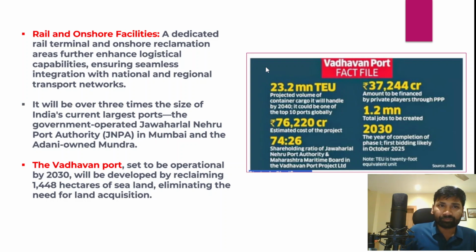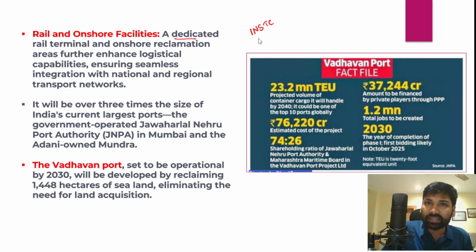And apart from that, it would also have a dedicated rail terminal. Now, one thing that you have to understand here is the International North-South Transport Corridor, right? This corridor connects India in particular, and South Asia in general, with Eurasia. So first India, then Iran, from Iran to the Caspian Sea, from the Caspian Sea to Central Asia, from Central Asia to Russia, and from Russia to Eurasia.